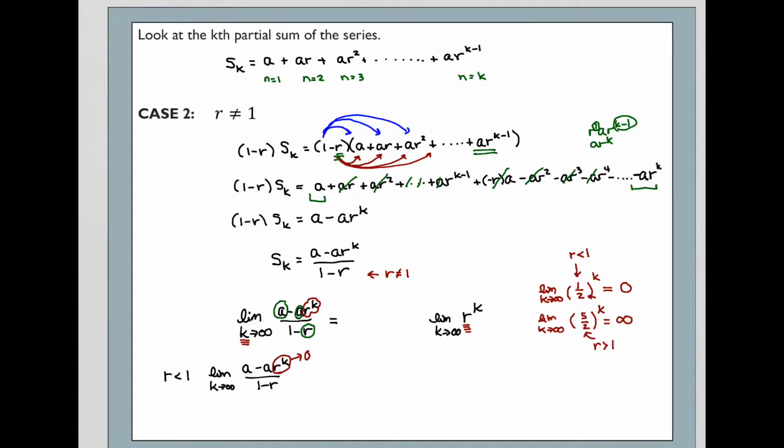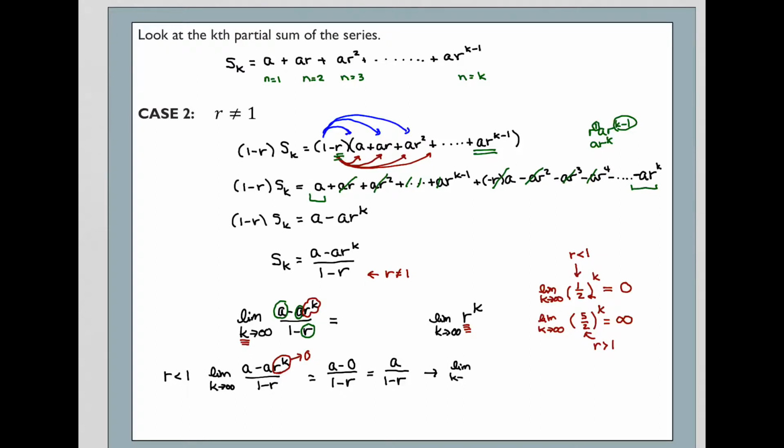That tells me this limit is just A minus A times 0, which is 0, over 1 minus R. In other words, that's just A, which is a real number, over 1 minus R, another real number. This is a finite number, isn't it? That means the sequence of partial sums converges, and it converges to a finite number.